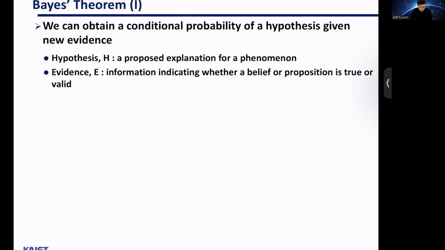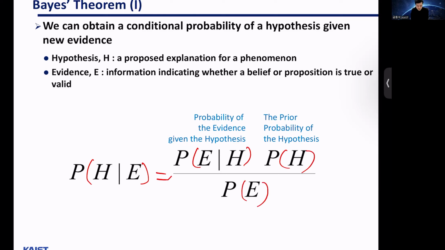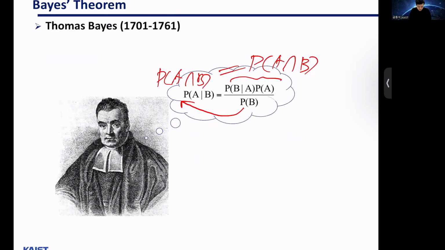So let's extend that further to our interest. Parentheses don't show up here. Okay. So this is how it's supposed to be. So this is from Bayes theorem, this equation.